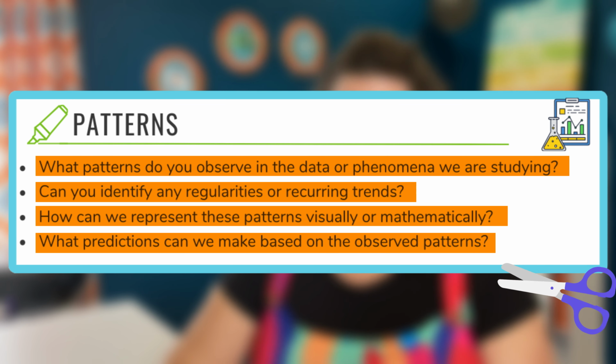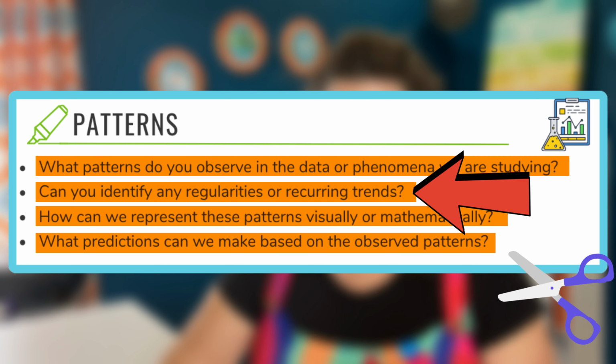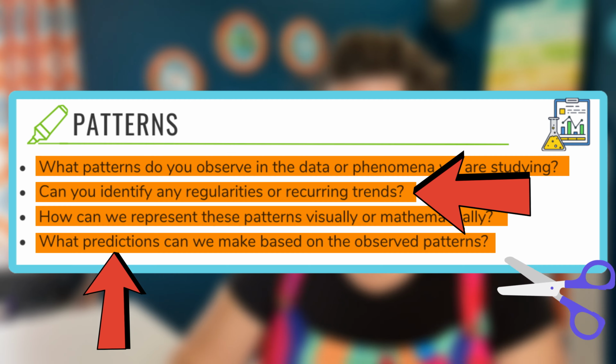You notice there's a couple words that show up in there. Certainly trends and predictions. Honestly, that last question, what predictions can we make based on the observed patterns? That really is sort of what I would consider in my own lesson planning process a data-dependent question.